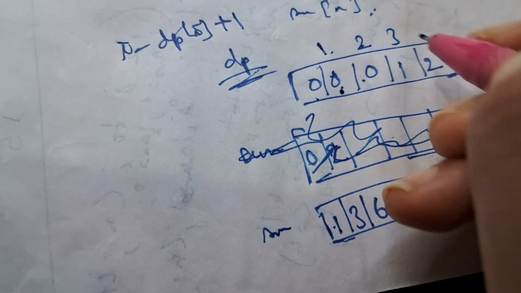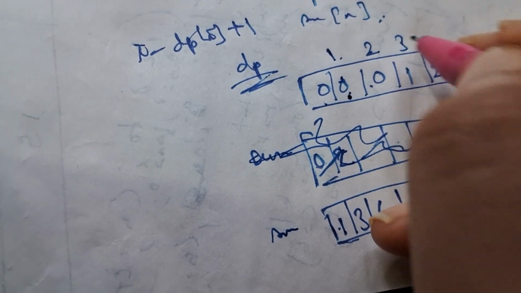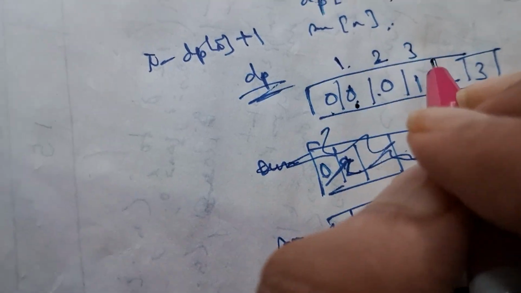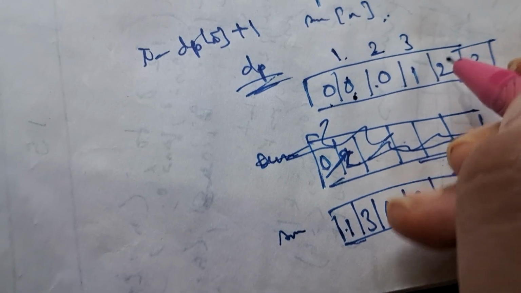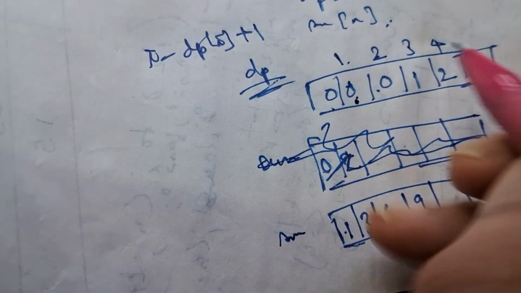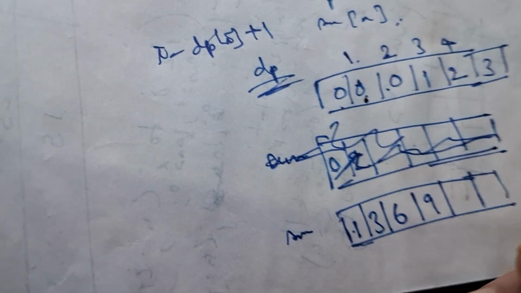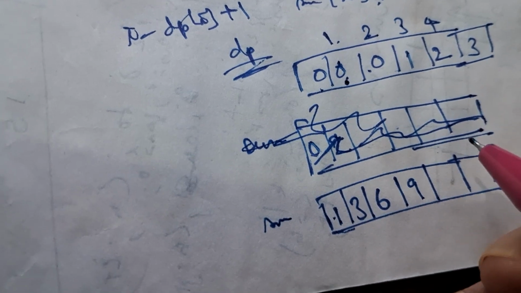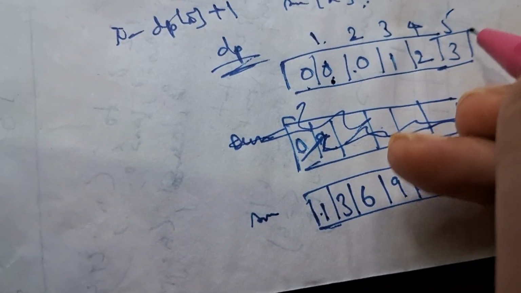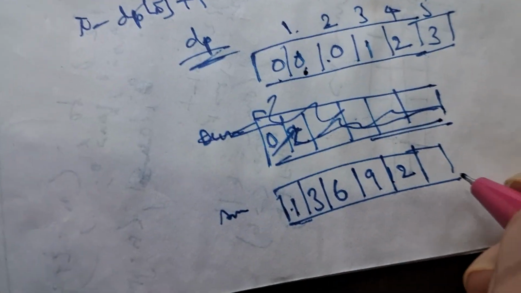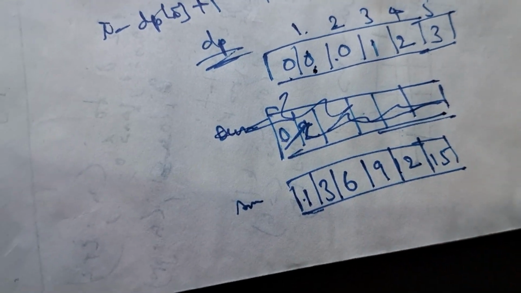Now for this, 3 minus 1, that is 2, plus 1, that is 3, and we are going to add 3 to 6, that is 9. For 2, there is going to be 4, 2 plus 1, that is 3, 3 plus 9 is 12. For this 5, 2 plus 1, 3, 3 plus 12 is 15, right?